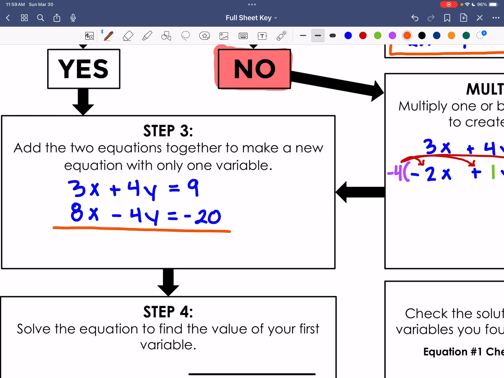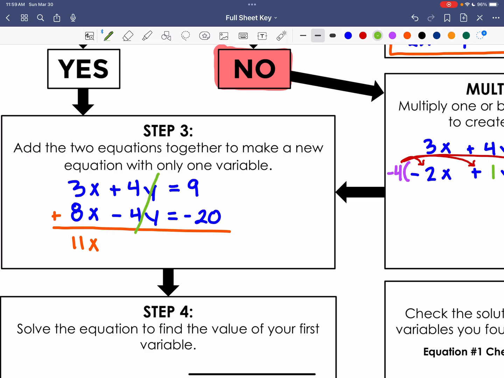All right. So going and adding these together, 3x plus 8x gives us 11x. Positive 4y plus -4y. Well, that's a zero pair, so I could say 0y, but I'm just not going to write it. They're gone.